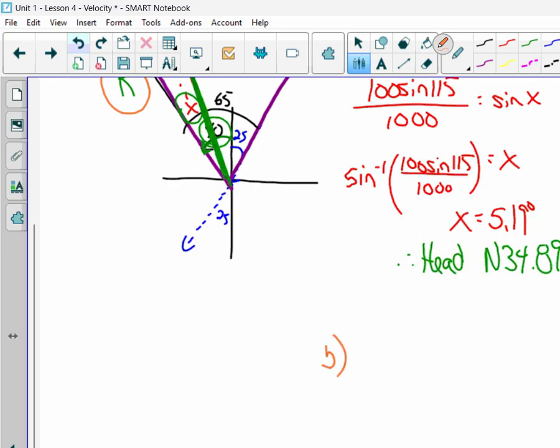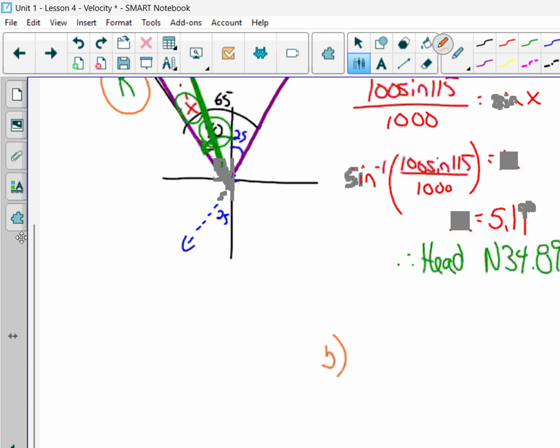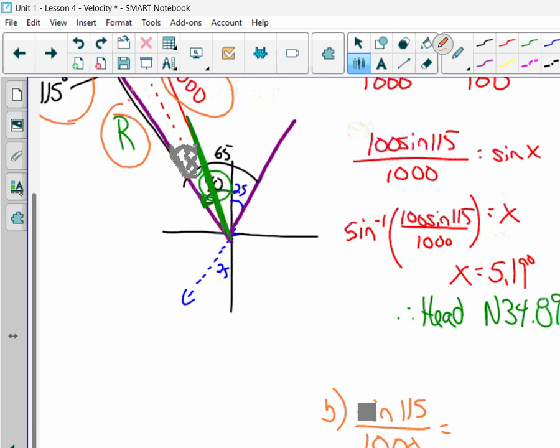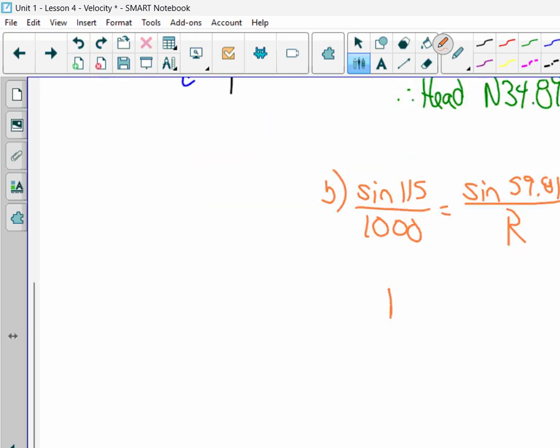Okay, sine law again. We still have the same pair we started with, sine 115 and 1,000. Our new matching pair: we're looking for R, and R is across from 59.81. Good old cross multiplying again.